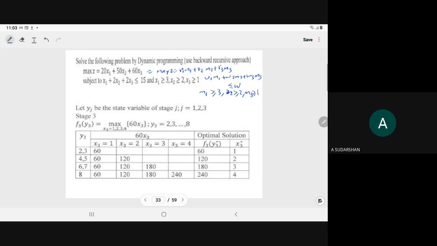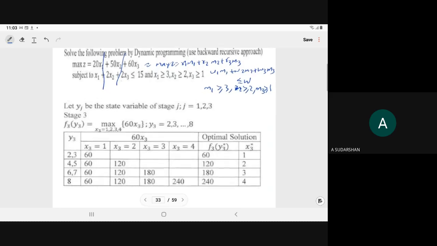In dynamic programming, we always decompose the problem into subproblems depending on the number of variables. So here we have three variables. Stage 1 is dedicated to the x1 variable, stage 2 to the x2 variable, and stage 3 to the x3 variable. For each stage, we have to define the state variable.